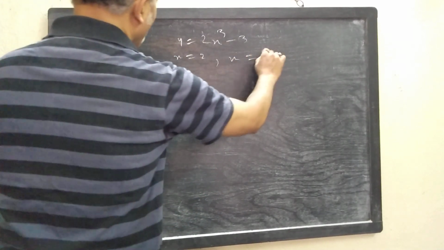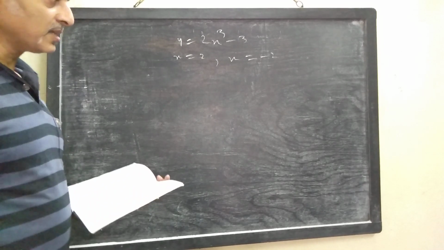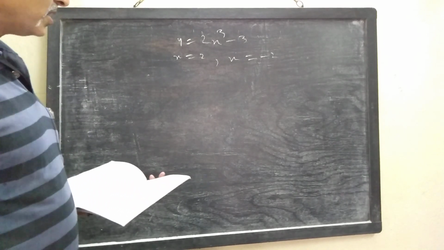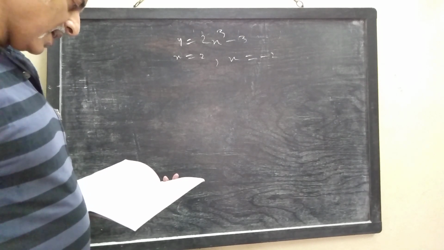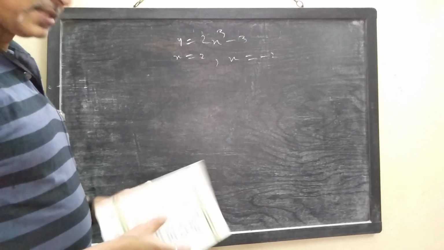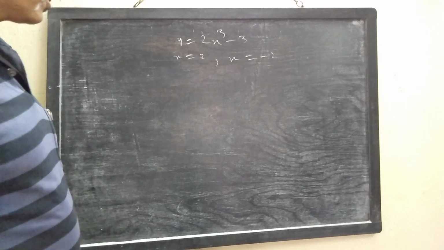Look, here the points are not given directly. You are given only the abscissa of the point. So you have to ultimately find the points, and you are asked to show that the tangents at those points are parallel. That is, you have to show the slopes are equal.